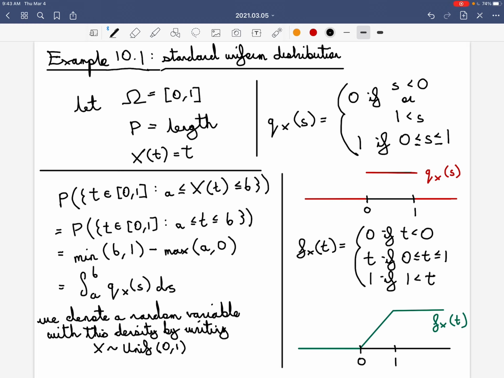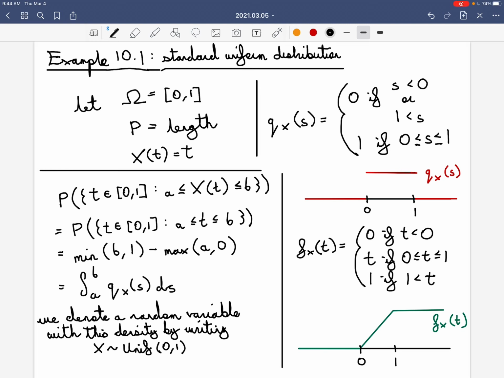And so because densities are so important in the theory of continuous random variables, usually we don't even bother specifying the sample space or the underlying probability at all.